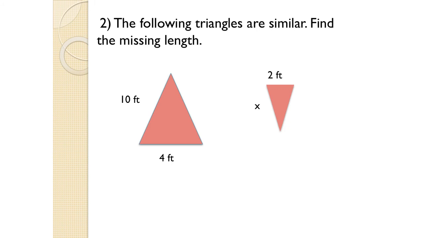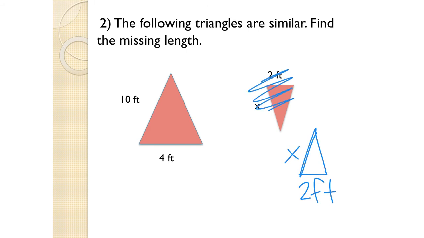Number 2 says that the following triangles are similar. Find the missing length. Well, the first thing that you should notice is that the second triangle is flipped, okay? So the first thing that we should do is make it right side up. So we know that the side is x and the base is 2 feet.